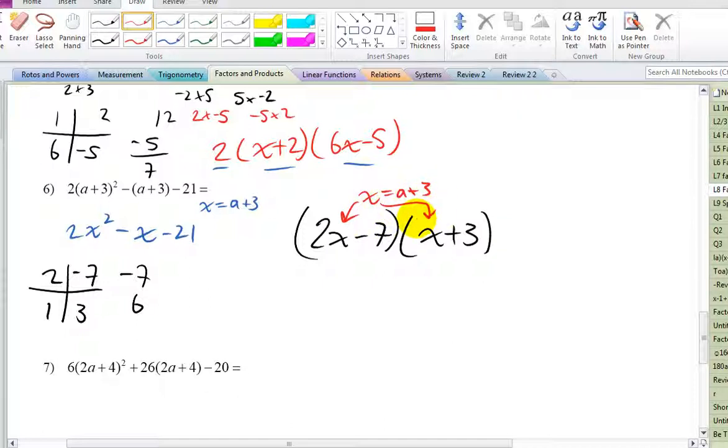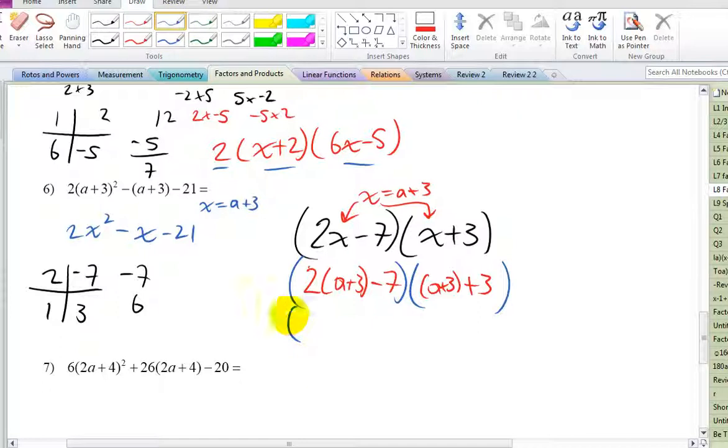So it's like substitute and then reverse substitute. So I'm going to get 2 bracket a plus 3 minus 7. I'll put those in blue brackets. Okay. And then here I'll get a plus 3 plus 3. So in blue brackets, I get 2a plus 6 minus 7.